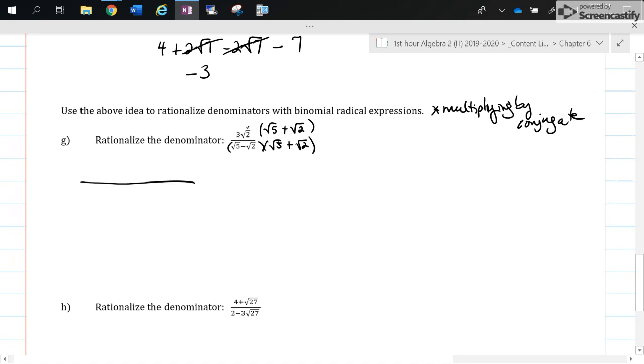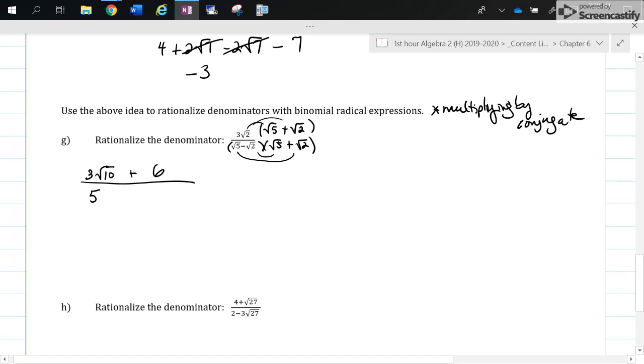Let's see. In the numerator, we're going to distribute. So we get 3 square root of 2 times square root of 5, that would be 3 square root of 10, plus 3 square root of 2 times the square root of 2 would be 3 times 2, which is 6. In the denominator, we need to do FOIL. So I'm going to do first, square root of 5 times square root of 5 is 5. The outer, remember, when I multiply conjugates together, the outer and the inner are exactly the same, but opposite.